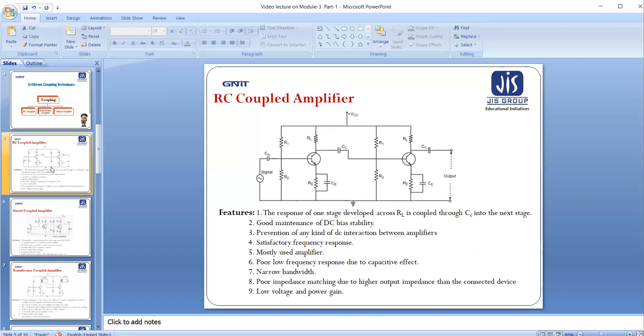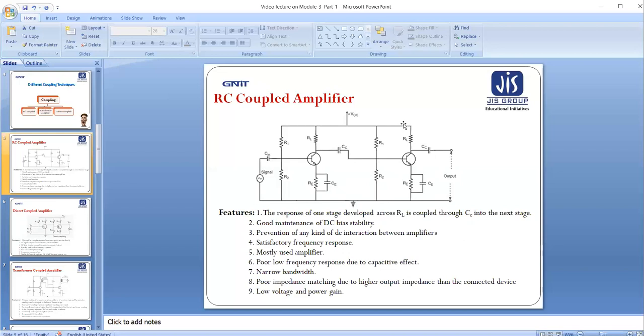That is, the first stage is a voltage divider common emitter amplifier. Next, we have observed that the output of the first stage is going to the base of the transistor of the next stage through a capacitor, that is this portion.